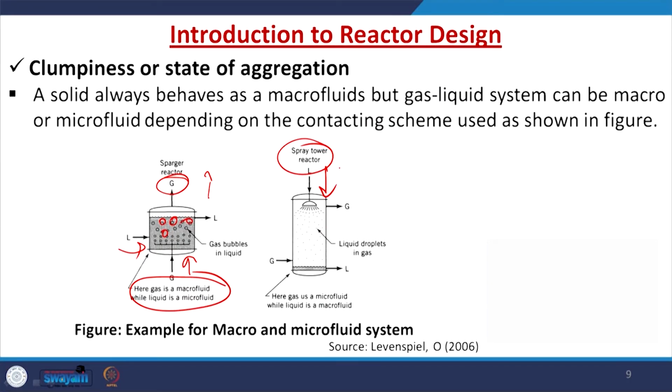Here you are pumping the liquid, and here you are spraying it into the entire reactor, and whatever liquid droplets are there, they have intimate contact with the upward-moving gaseous system. So you may have intimate contact of liquid with the gaseous system. So here the gas is a microfluid and the liquid is a macrofluid.